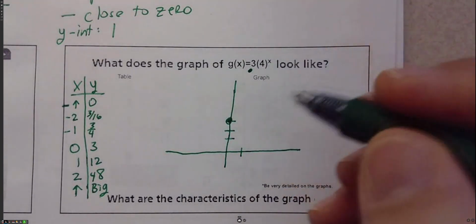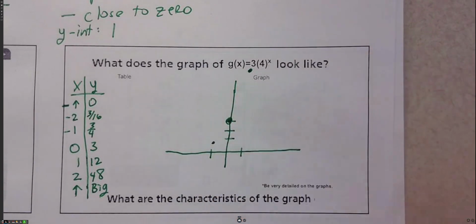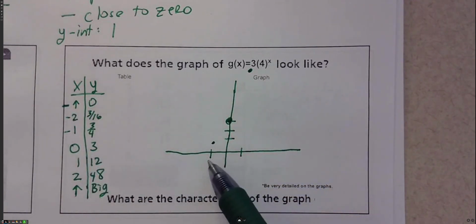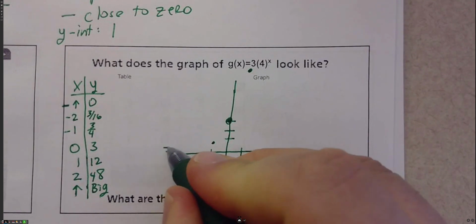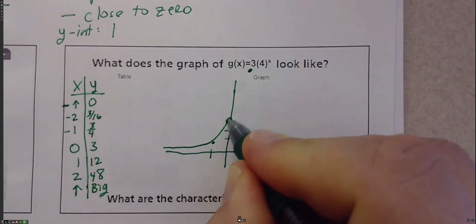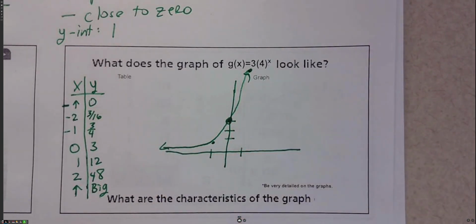And then on the left side, -1 is going to be about here. We have a negative x, but it doesn't go below the y-axis. And then it gets small. So it's going to be like this. It's going to go up. It'll be like that.